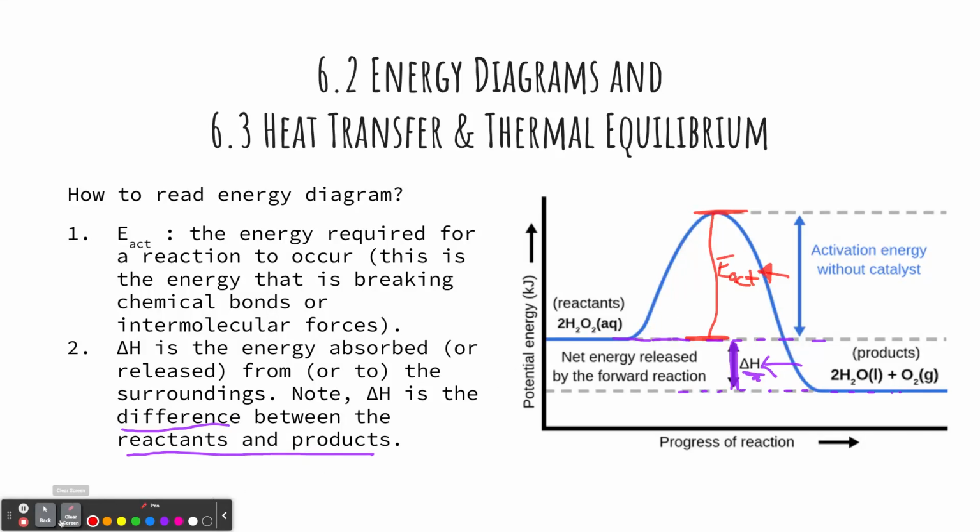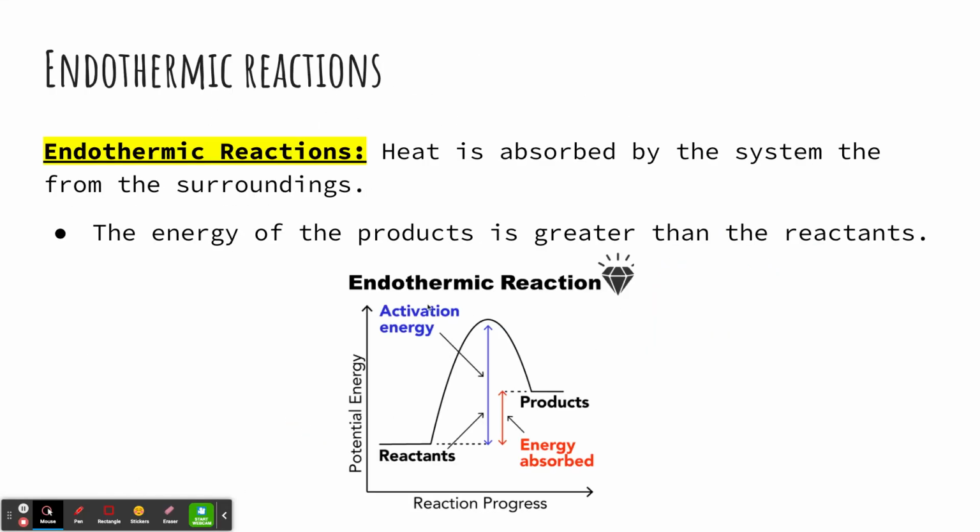Okay, let's continue on. For an endothermic reaction, guys, heat is being absorbed by the system from the surroundings, okay? And in this case, you'll notice, guys, the reactants are at less energy than the products because energy is being absorbed in this process. So products will have more energy than the reactants in an endothermic reaction.